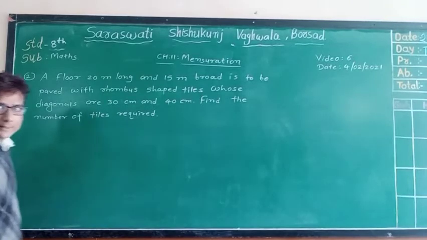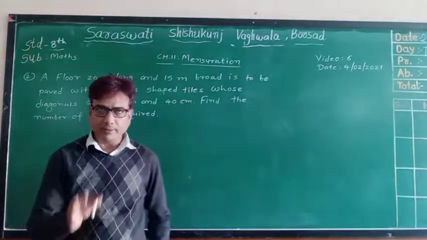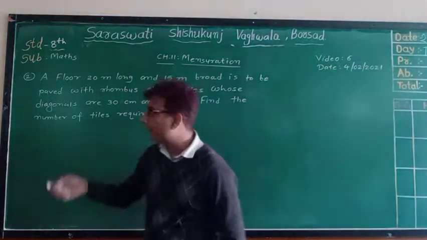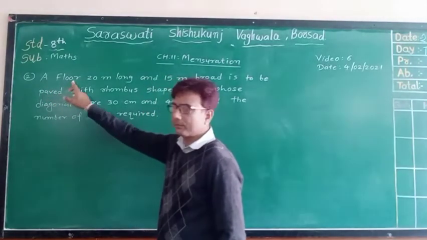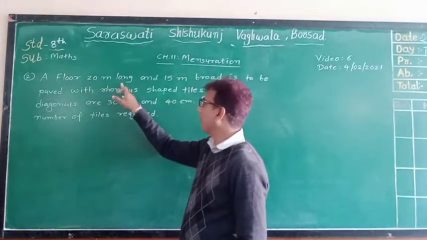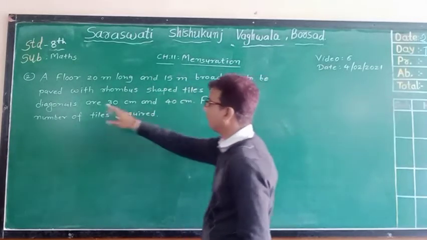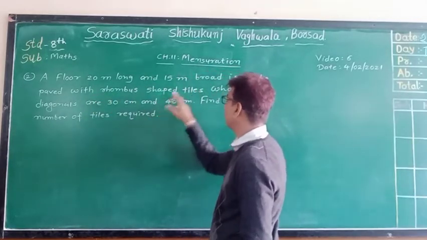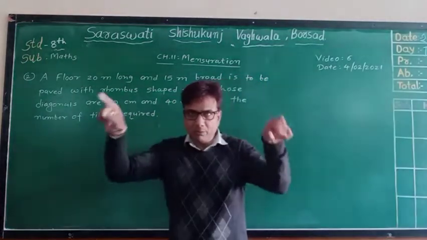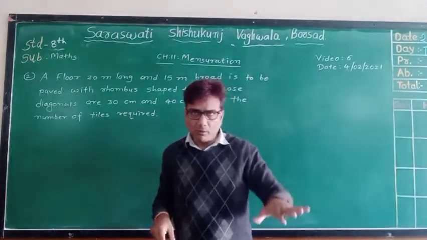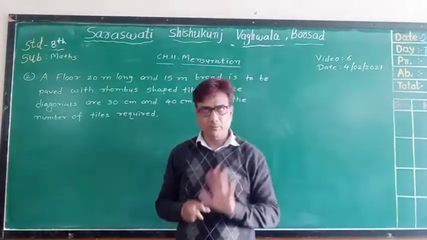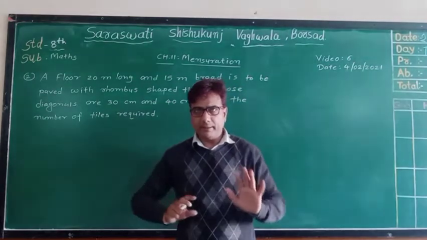See this question. First we will read this question properly. A floor 20 meters long and 15 meters broad is to be paved with rhombus shaped tiles. That means there is one floor, and its length and breadth are given.